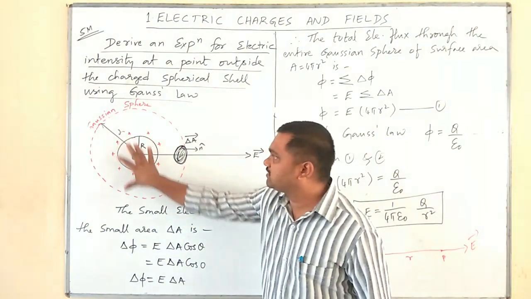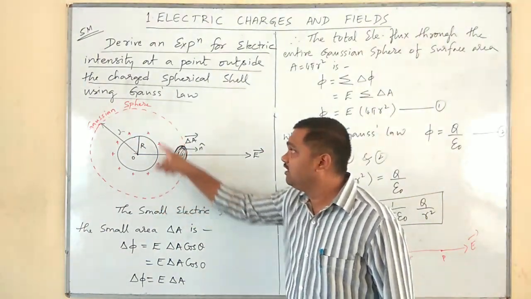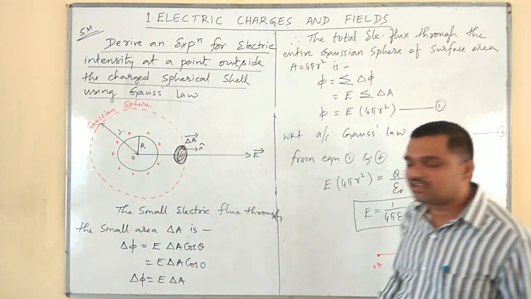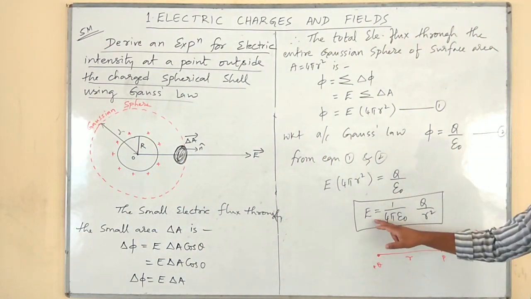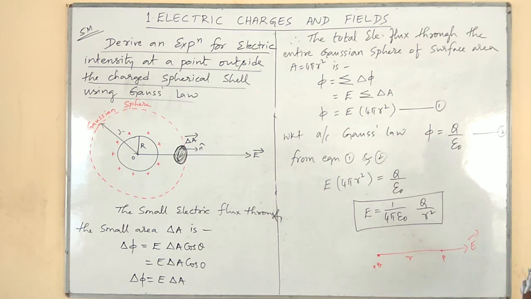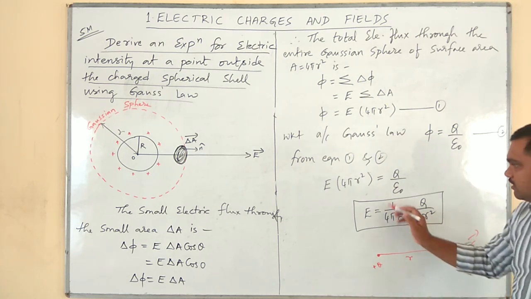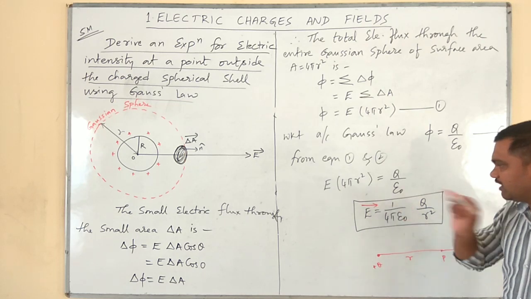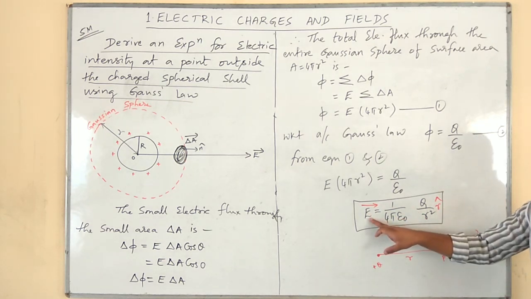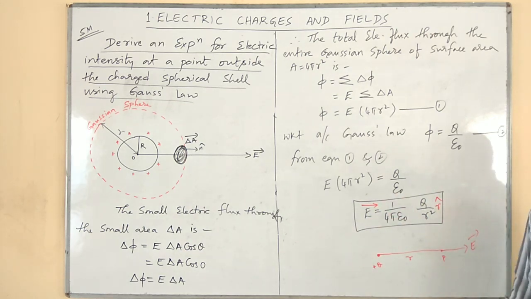Though the charge is present on the surface of the shell, we have to imagine them at exactly the center O. Therefore, we got the same expression as that of this case. If you want the vector form, you can take one arrow mark here and put a unit vector r cap, where r cap is the unit vector in the direction of the E vector.